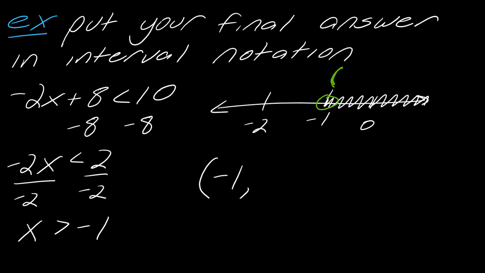We read it like a book, from left to right. I start here at negative 1, which is not included, and then I continue in this direction forever. This is the positive infinity direction, so this goes to infinity. Infinity is not a number, so infinity always gets a round bracket.